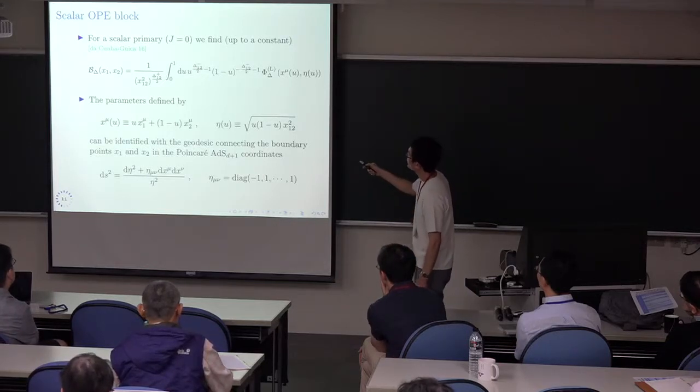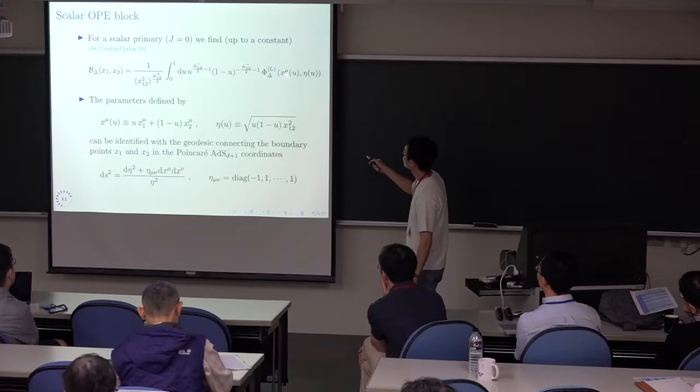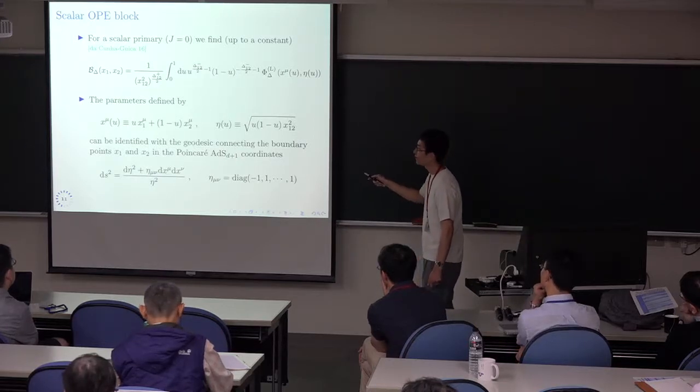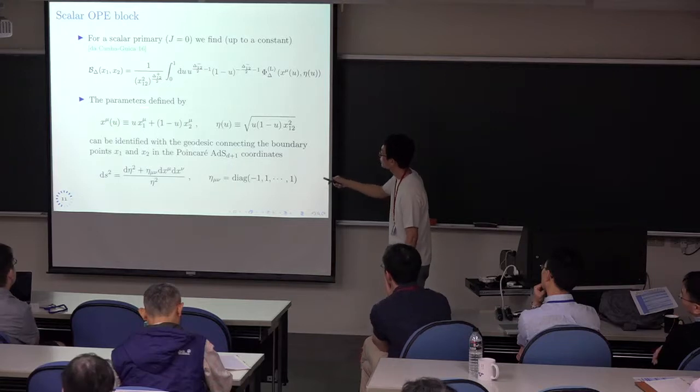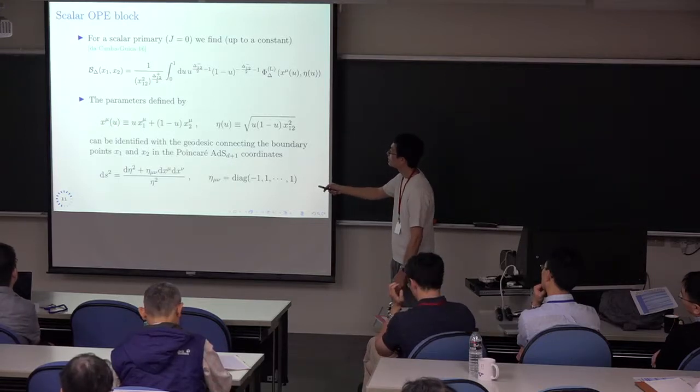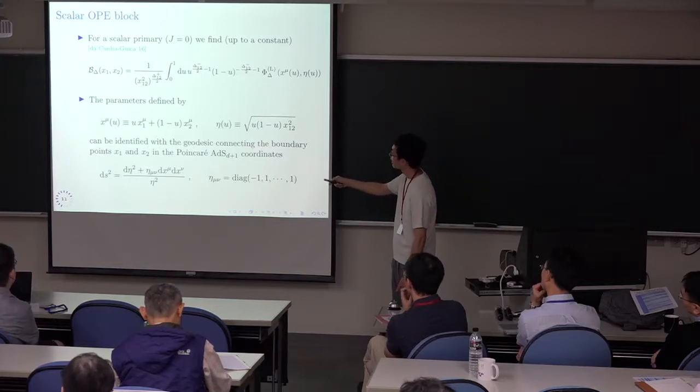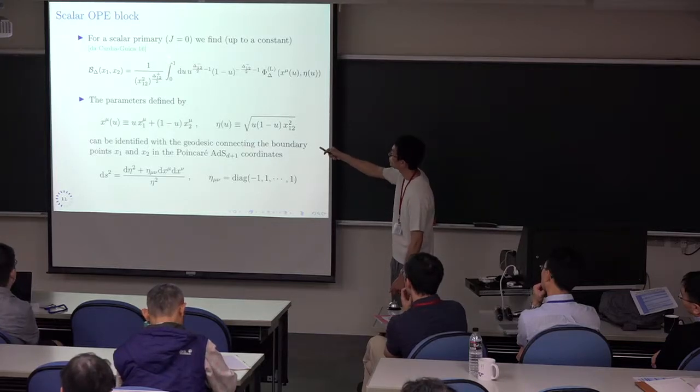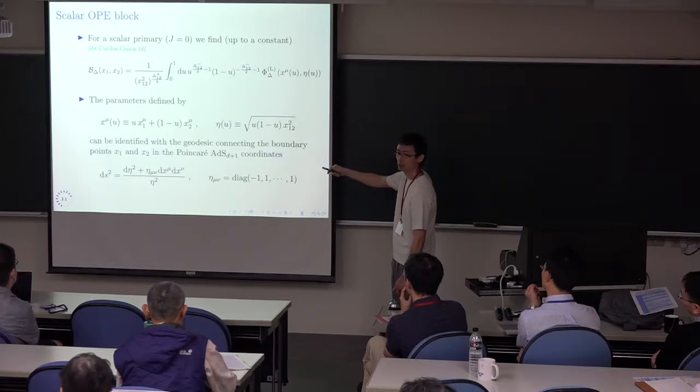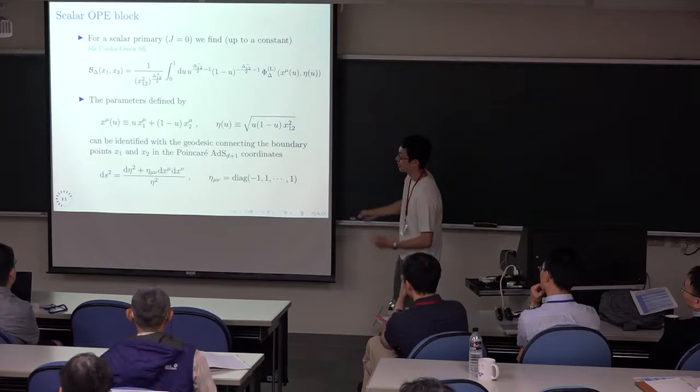But before that, let me explain the role of these parameters. Here I introduced two types of parameters. x^mu(u) just interpolates between two points, x1 and x2, and u runs from 0 to 1. When u is 0, you are at x2, but when u goes to 1, you are at x1.